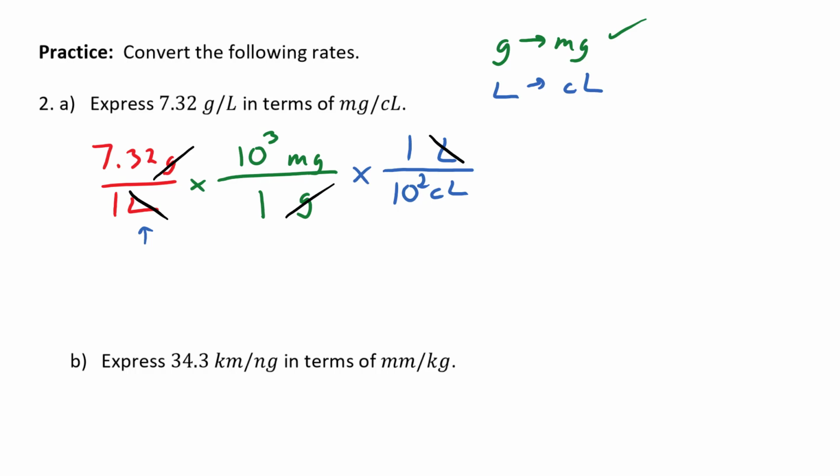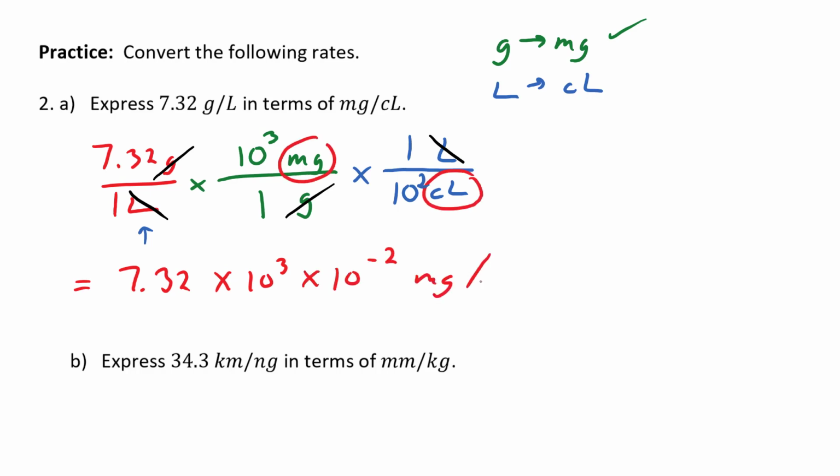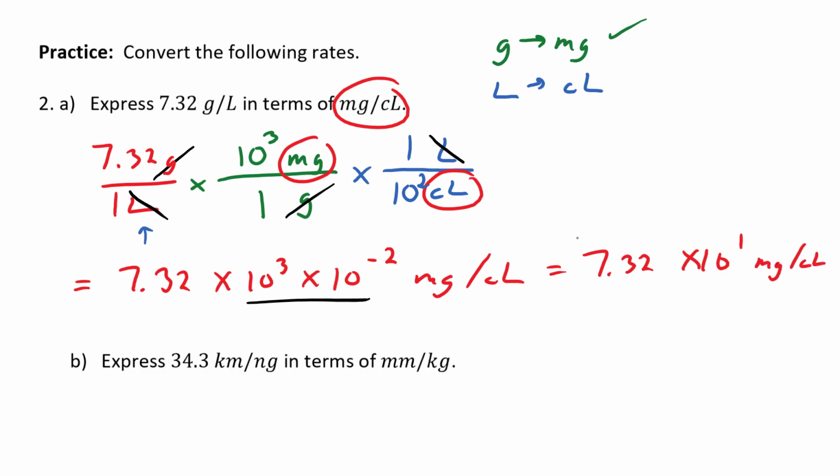Liters cancel out. Leaves me with 7.32 times 10 to the 3 times 10 to the minus 2 units, milligrams per centiliter. Exactly what I asked for. Combine those together. 7.32 times 10, 3 minus 2 is 1, milligrams per centiliter.